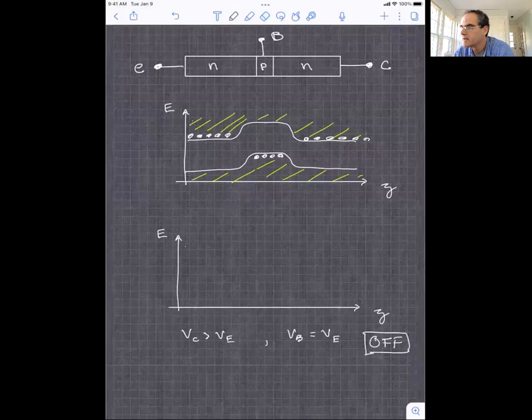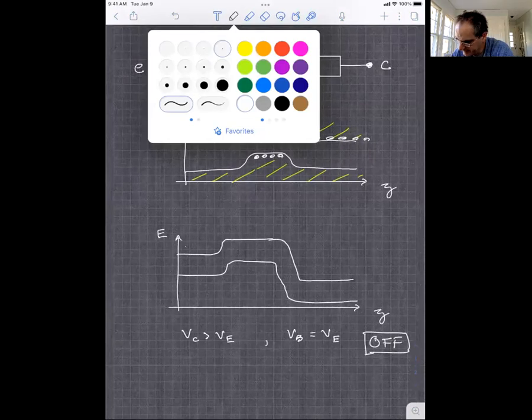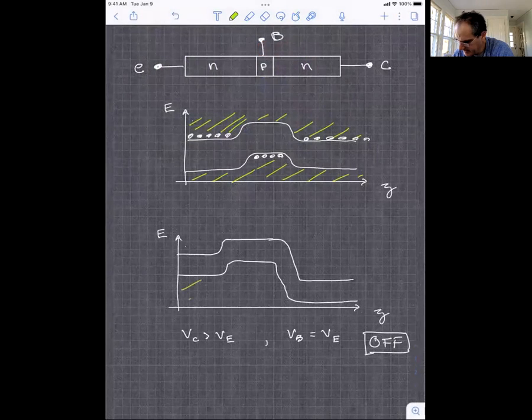In that case, the band diagrams will look something like this. My drawing is not perfect, but I think it'll give you the idea.